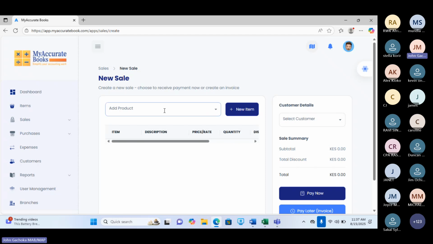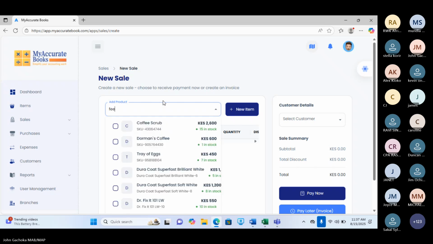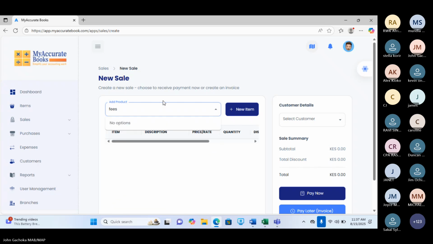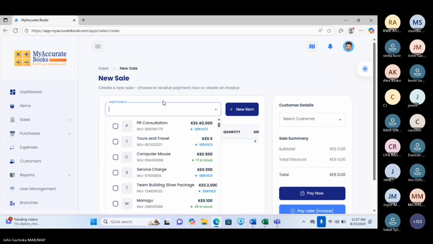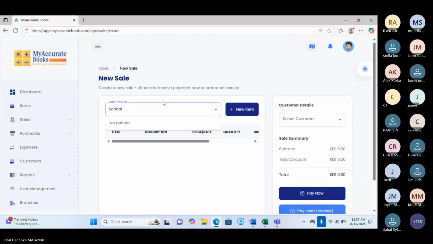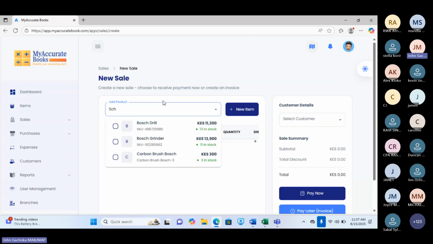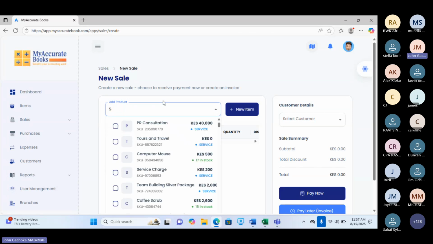So let's identify one product. At the moment, there is no such product. So we can take one product or one service. So we say we are buying computer mouses.